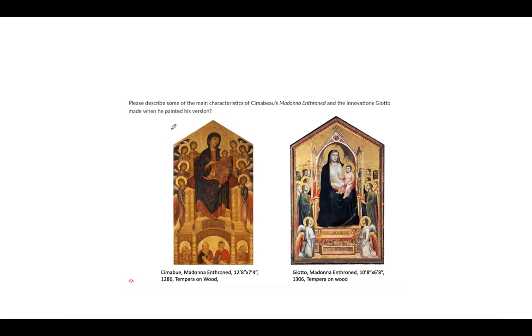Everything about this is very stylistic and unnaturalistic. Her being bigger than everybody else is that hierarchical scale to show the viewer that she's the most important thing. All these figures are stacked on top of each other in a very strange way, but you can see all their faces.